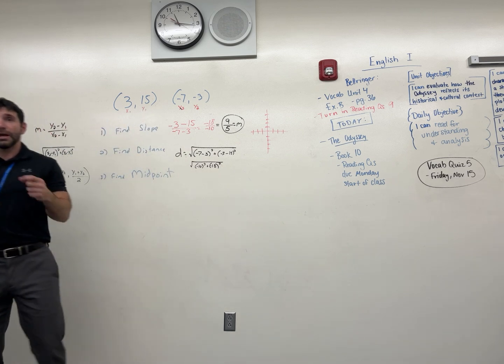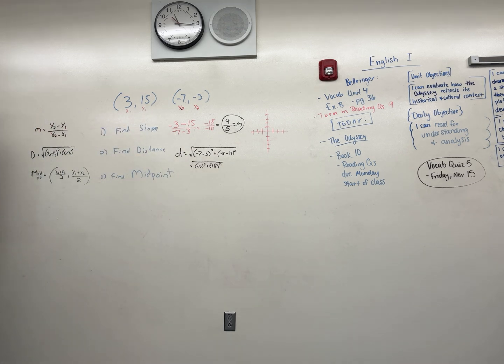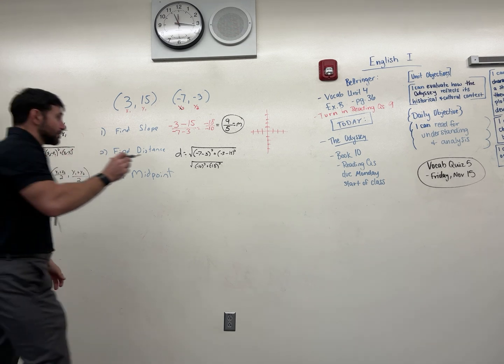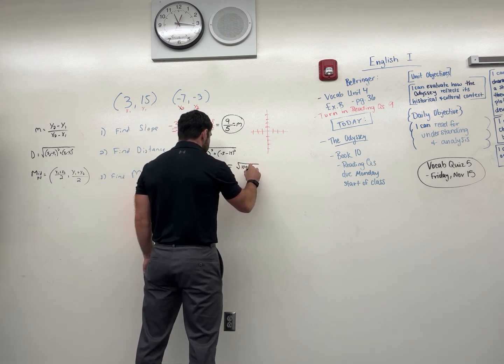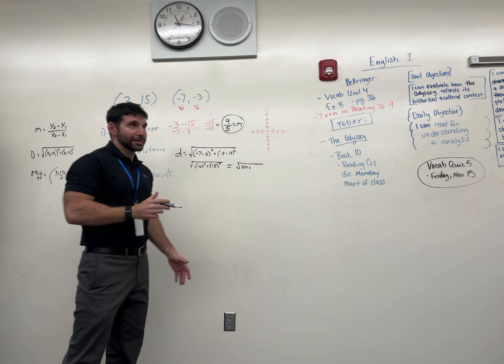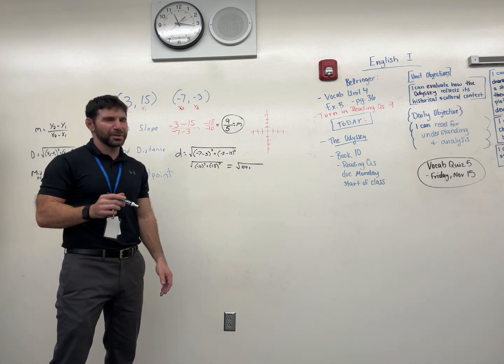Now listen, anytime that we square a number, what does it have to be? If we square a number, is it ever going to be negative? No. So this gives me the square root of 100 plus 18 squared.